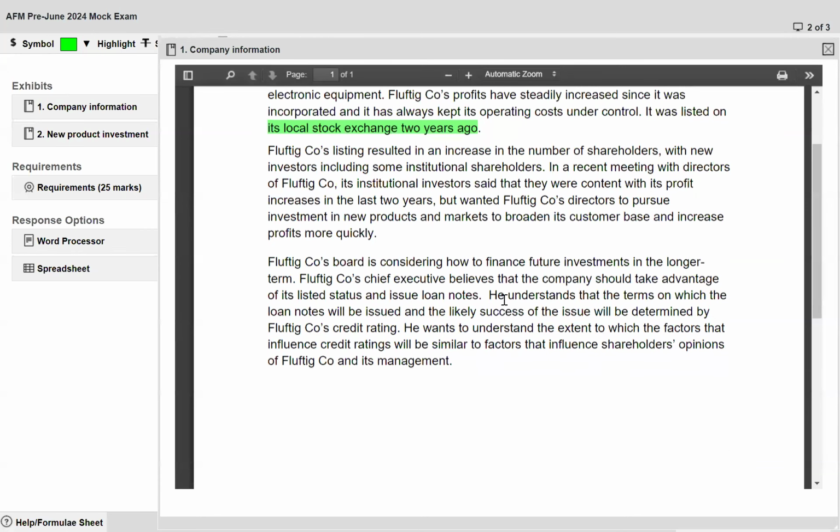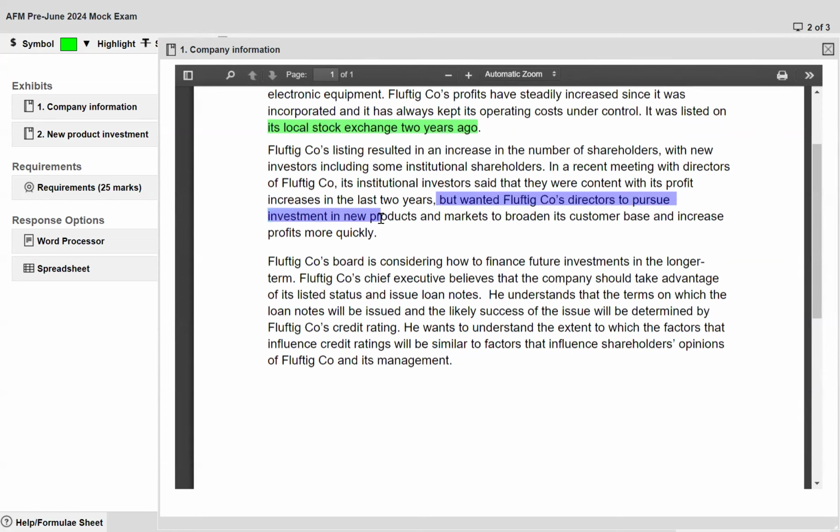The listing resulted in an increase in the number of shareholders, with new investors including some institutional shareholders. In a recent meeting with directors, the institutional investors said that they were content with the profit increase in the last 2 years, but wanted Flatfig to pursue investment in new products and markets to broaden its customer base and increase profits more quickly.